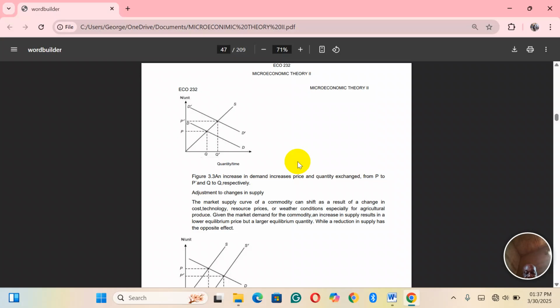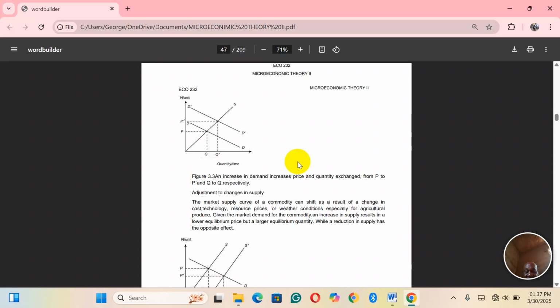Adjustment to changes in supply. The market supply curve of a commodity can shift as a result of a change in cost, technology, resource prices, or weather conditions, especially for agricultural produce.